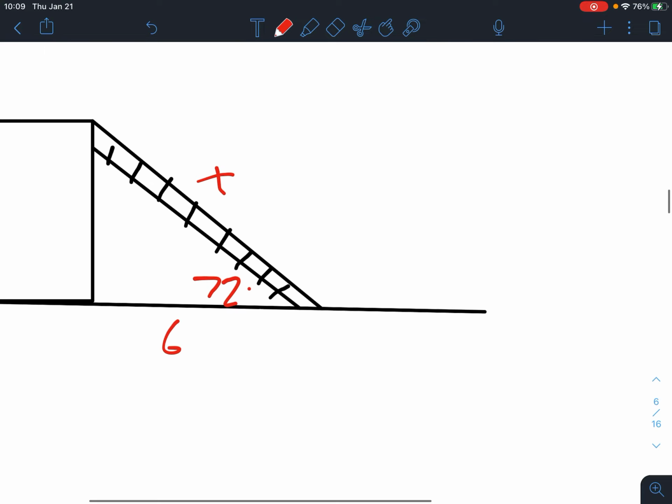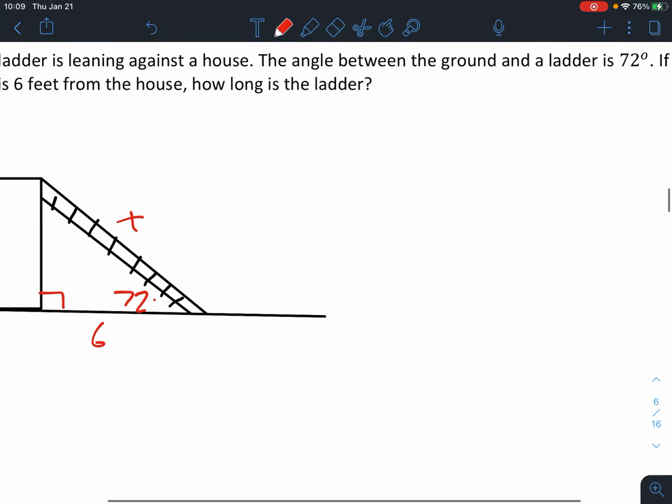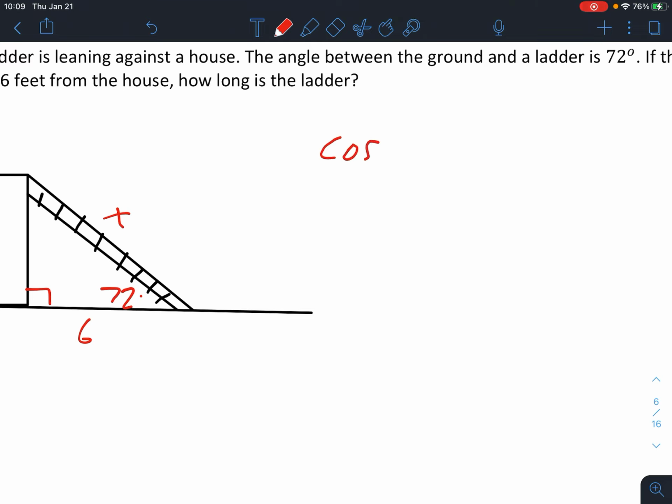So looking at 72, we know this is a right angle here. We have the hypotenuse of the triangle, and we have the adjacent leg. So we know this is going to be cosine. So we write cosine 72 equals 6 over x.